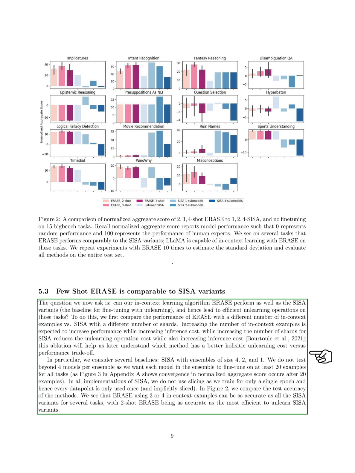Increasing the number of in-context examples or shards generally increases performance but also raises the cost of inference. Our findings showed that ERASE, with just 3 or 4 in-context examples, could achieve accuracy comparable to all SISA variants on several tasks. This suggests that in-context learning, particularly with a few examples, is not only effective but also more efficient in terms of unlearning costs compared to SISA.